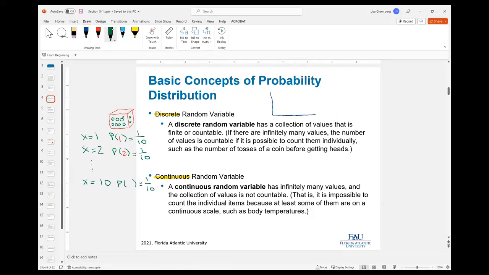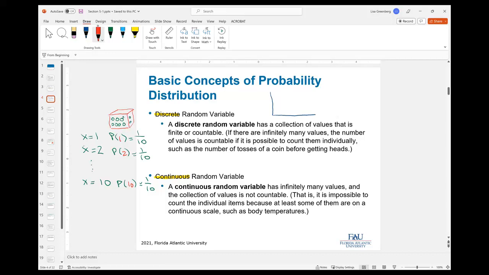They have an equal chance. They're all the same size. They may not look like that in my picture, but they are. So these are discrete values. I can't pick 1.1. I can only pick 1, 2, 3, 4, 5, 6, 7, 8, 9, 10.